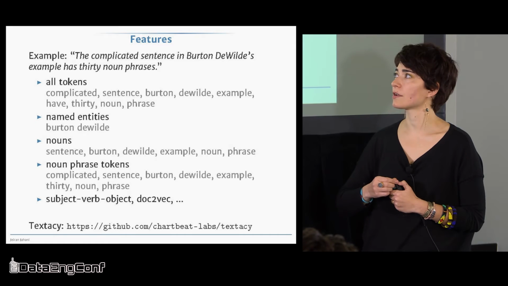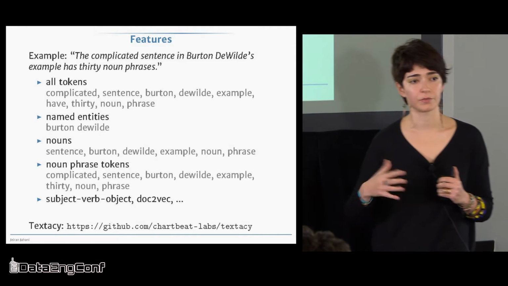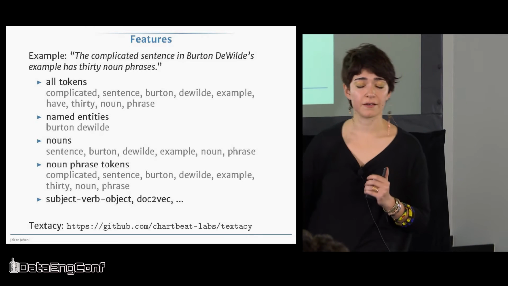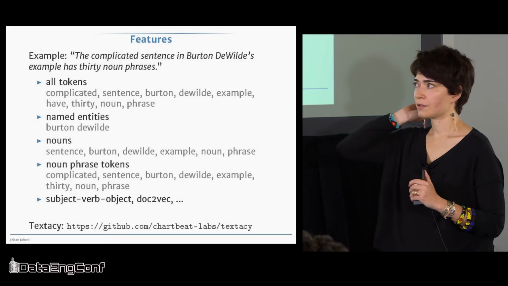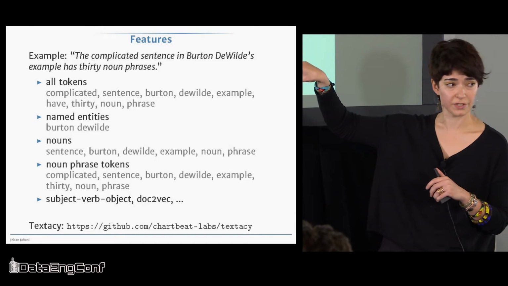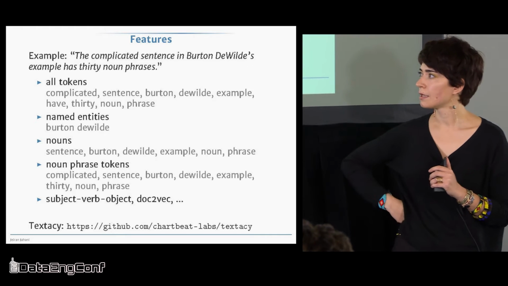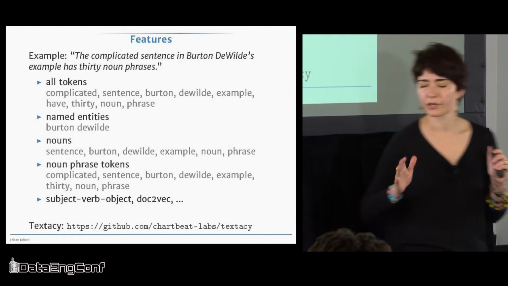So yes, you can focus on noun phrase tokens that will give you more granular clusters compared to named entities, and probably have less noise compared to when you're using all your tokens. That makes your feature selection step easier. I mean, you can get more complicated depending on your particular application.